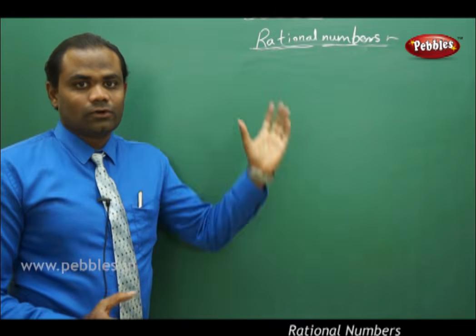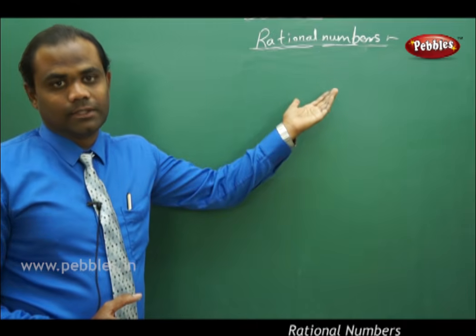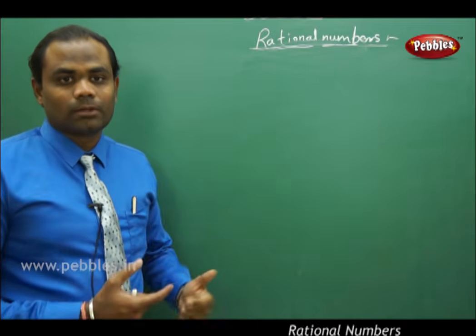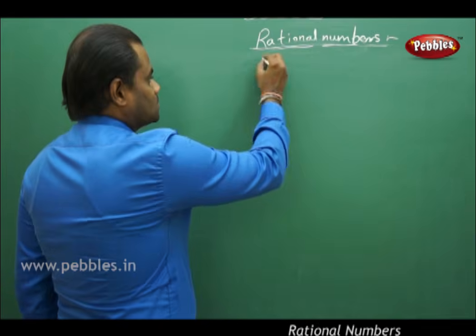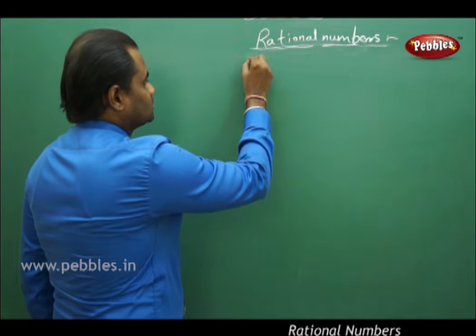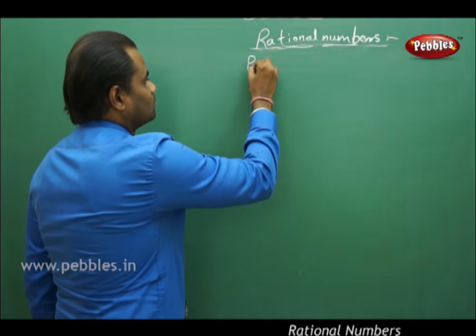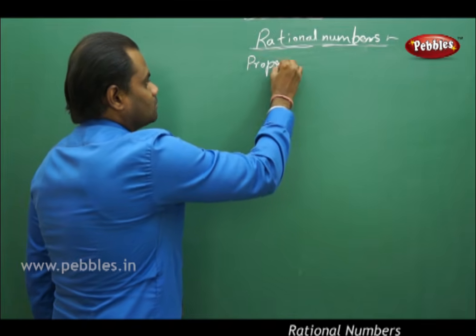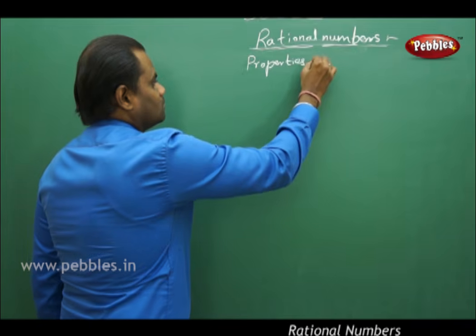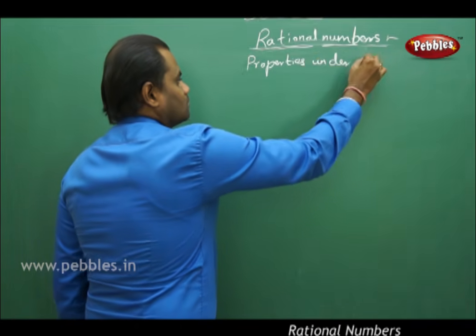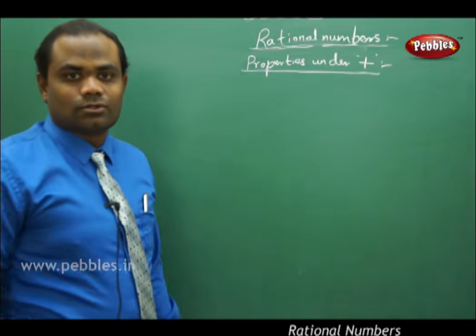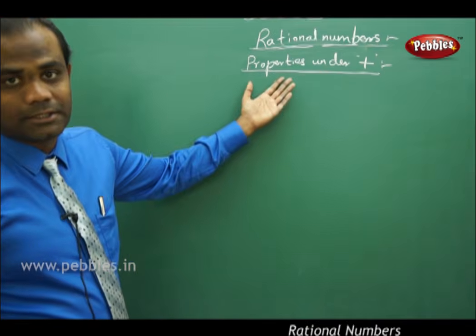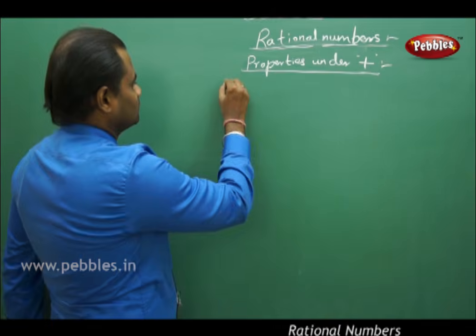In this session, we are going to discuss exclusively rational numbers and the various properties involved in rational numbers. Now, the first property I identify is under addition, which is plus. The first and foremost property under addition is the closure property.